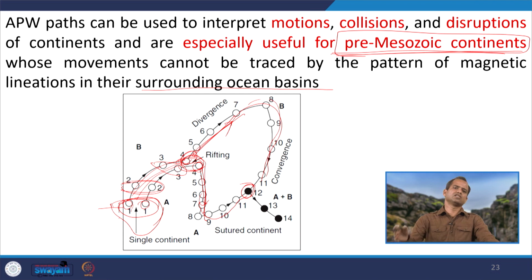So, we can say these two plates, which were earlier together, rifted, drifted, and collided. So, the whole of plate tectonics that we have studied so far, rifting, drifting, collision, can be studied by these paleomagnetic studies. So, thank you very much. We will meet in the next class.